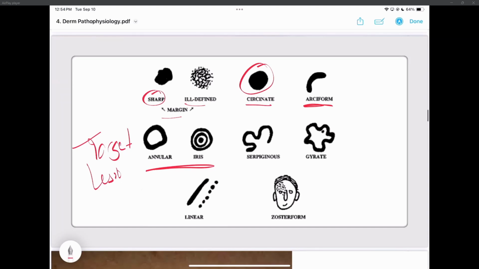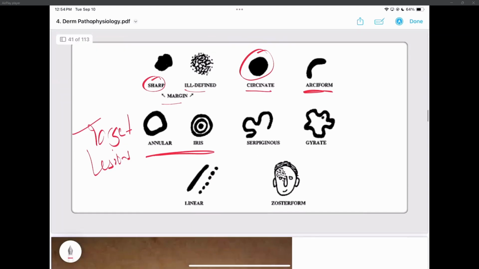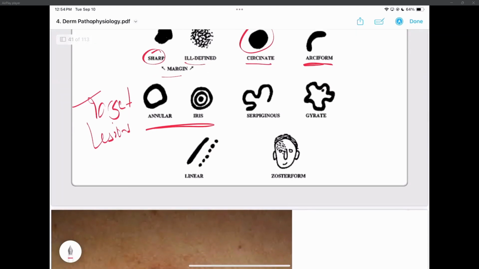You'll see them called target lesions. They look like targets. Later on we'll talk about target lesions, and we're talking about annular or iris lesions. Serpiginous looks like a snake, that's why it's called serpent. Serpiginous, snake-like. That's another type of reaction that can happen.